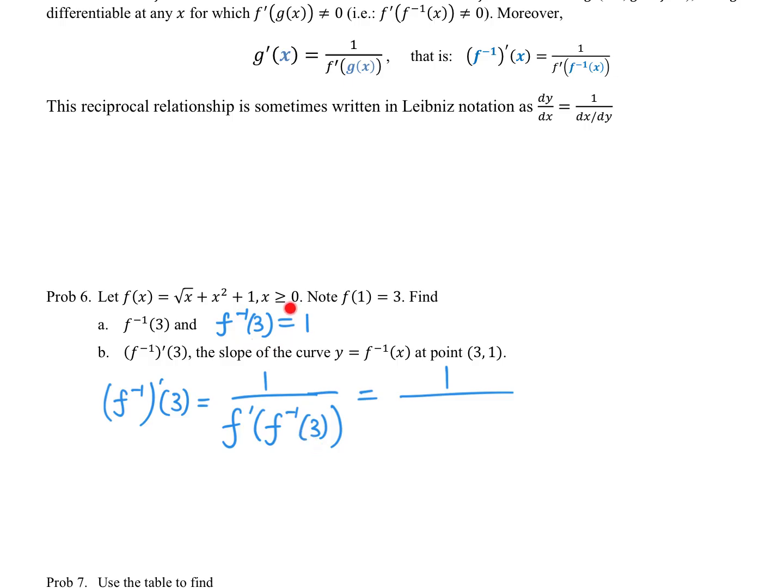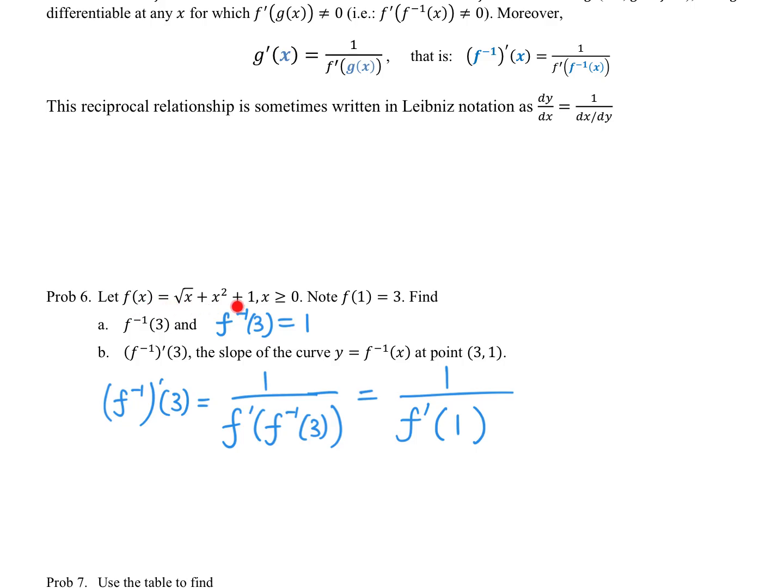So that's the 1. So f of 1 is equal to 3. So this will be the x value for the original function. So this will be f prime of 1. Now, do you see that we actually find the derivative of f inverse without finding the f inverse? We can just take advantage of the derivative of the original function f. And in fact, if you want to find the inverse of this function, can you give it a try?